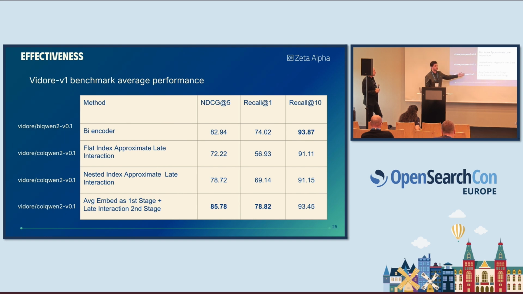If you do it with a two-stage retrieval, the first stage retrieves the vectors, and then you do the re-ranking or the scoring with the late interaction. It makes it much easier to unlock the potential of late interaction pretty much.